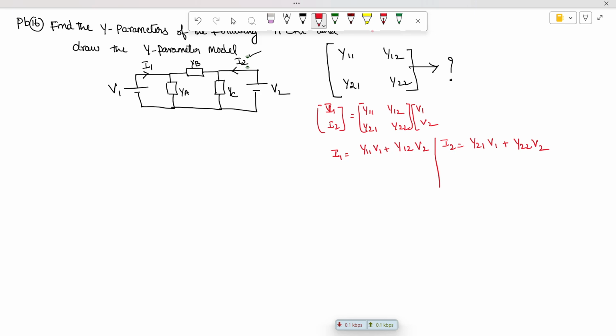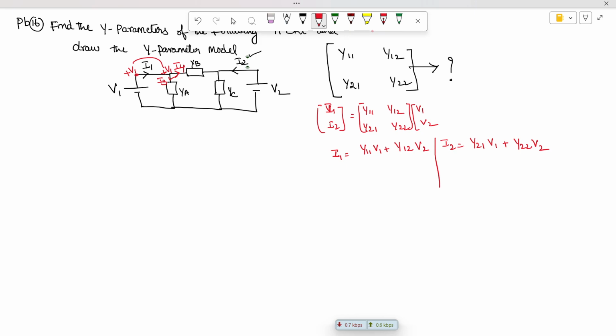Now in this model, I1 current is entering. I am labeling the current in this branch as I3, and the current in this other branch as I1. The voltage at this point is V1. This is short circuited, so automatically this will be voltage V1.